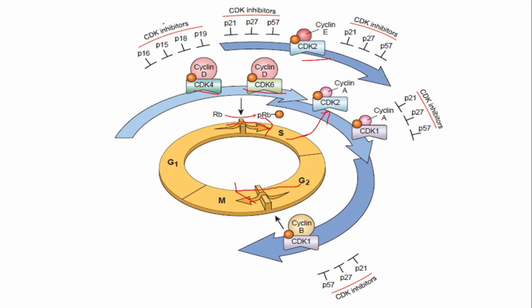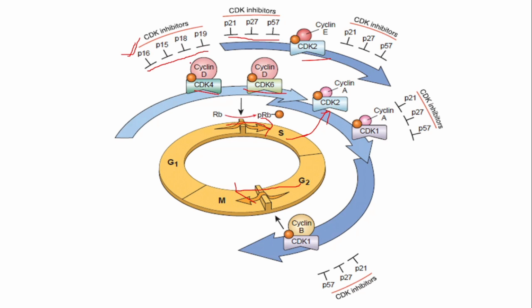And there are these cyclin dependent kinase inhibitors which will inhibit all these cyclins, so that cell cycle progression will not take place. There are basically two families of cyclin dependent kinase inhibitors, one having these 4 proteins and the other having these 3 proteins. The 4 protein family is called the INK4 proteins, which includes P16, 15, 18, and 19.